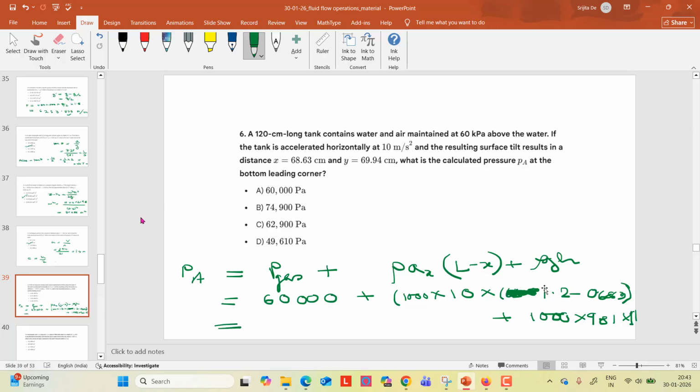It is coming as 74947 Pascal. This is close to 74,900 Pascal.